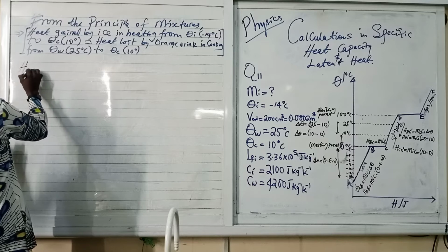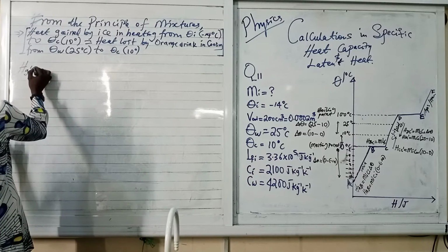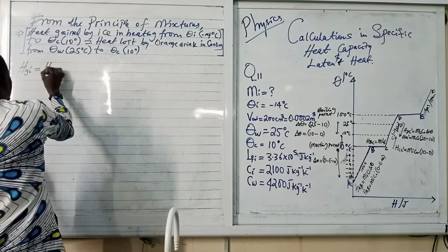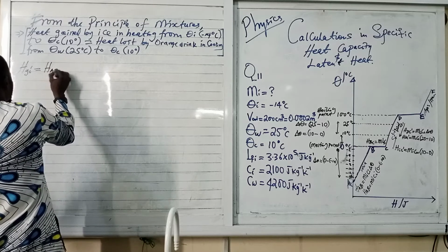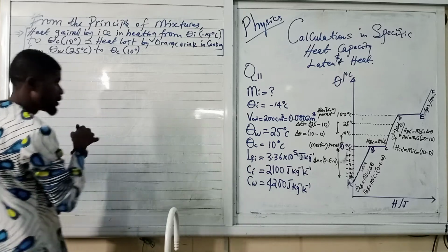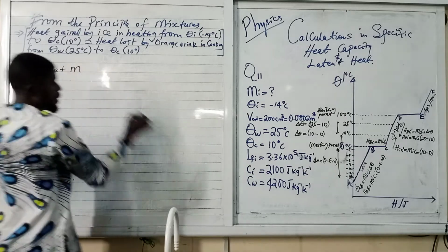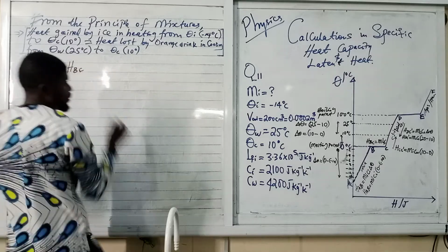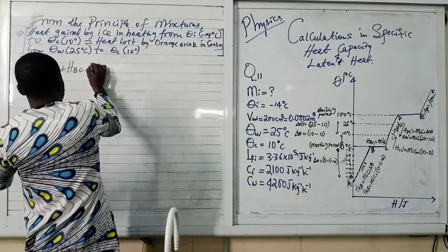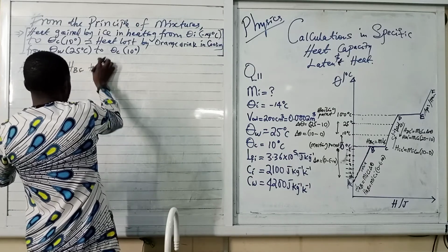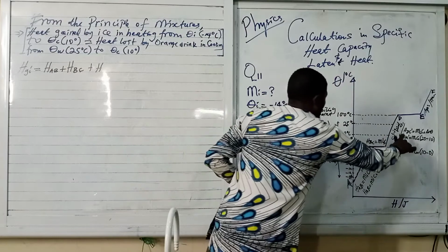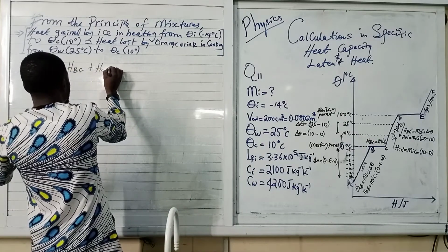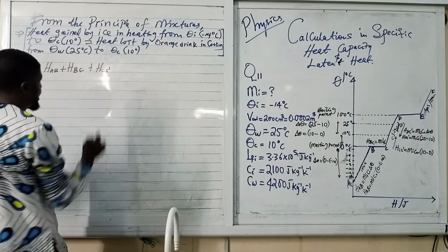Heat gained by ice, HGI, is given as HAB plus HBC plus HCC prime. That is the heat gained by the ice.